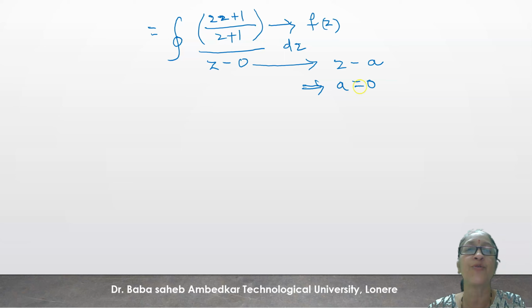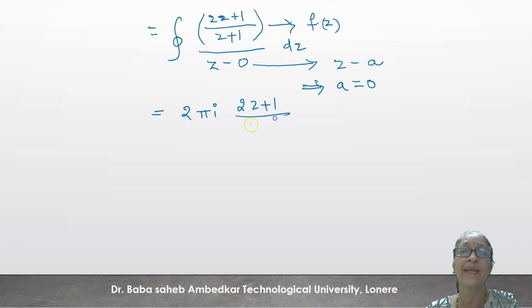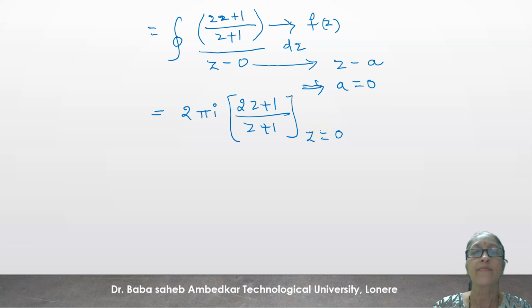We have to find the value of f(z) at a equal to 0. So according to that formula, here 2 pi i into f(z). What is f(z) here? (2z plus 1) by (z plus 1). This one is f(z). We have to find its value at z equal to a, z equal to a means z equal to 0 here.